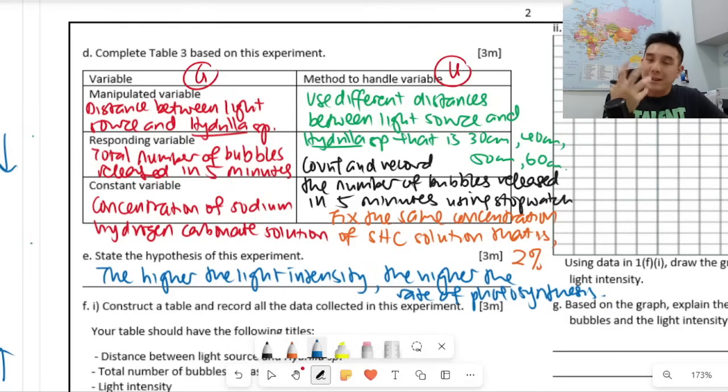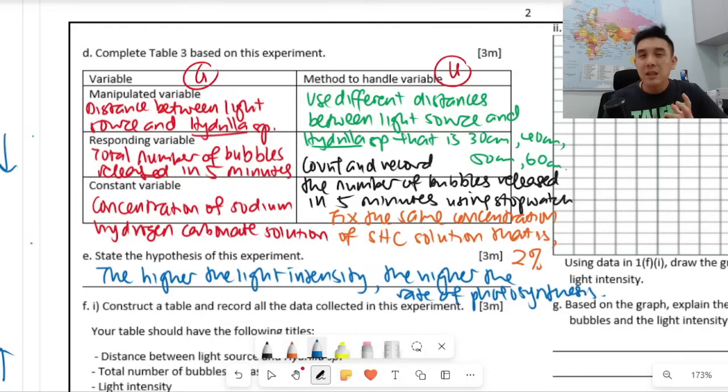If you do not know what that 3 is, you can watch the very first video. When it comes to the first one, whereby there's a trend, more light, higher rate of photosynthesis, this type actually got 2 types of hypothesis. One is whereby I call it a concept. Contohnya ini, concept. The higher the light intensity, the higher the rate of photosynthesis.